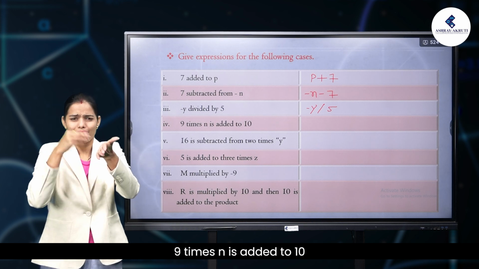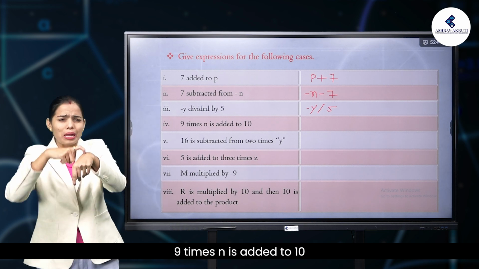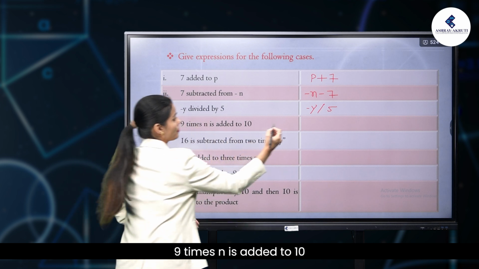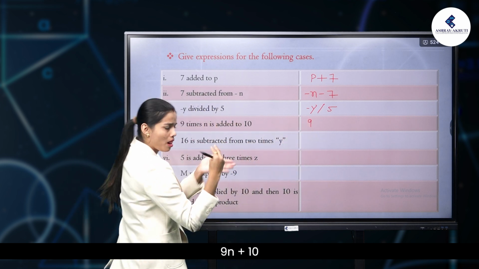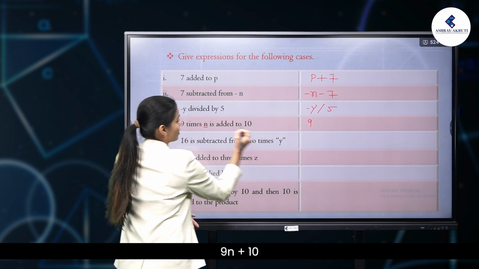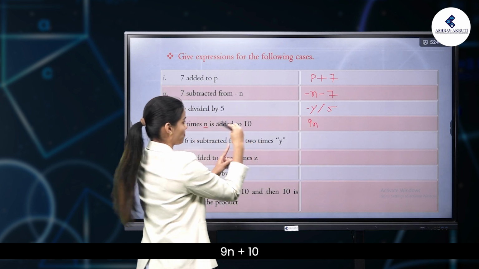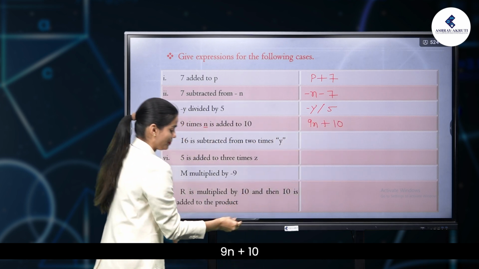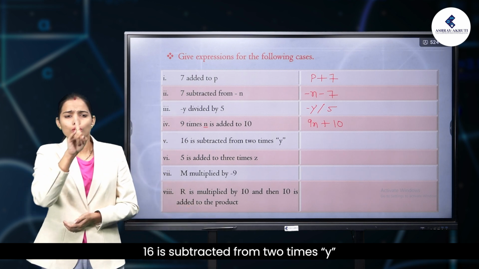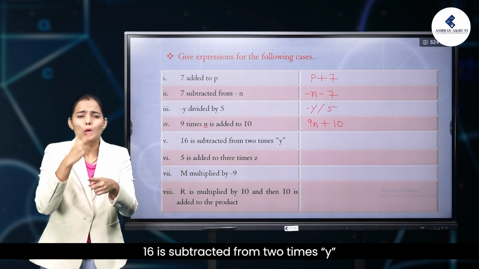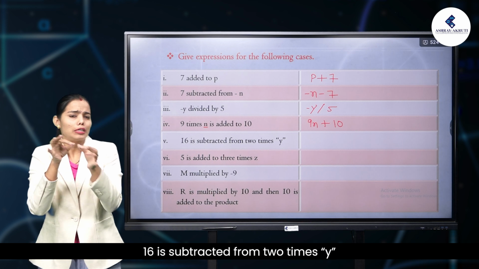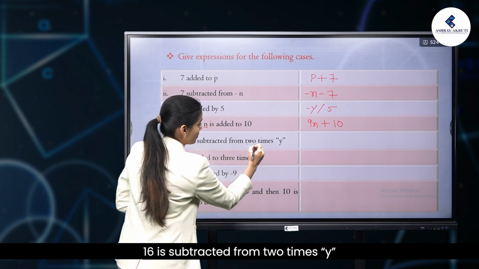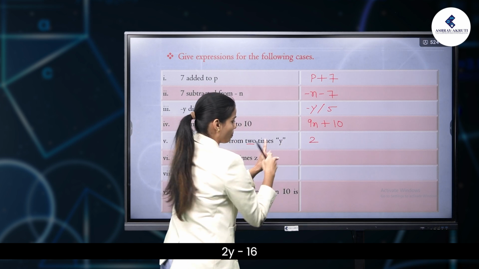9 times n is added to 10. 9n plus 10. Sixteen is subtracted from 2 times y. 2y minus 16.